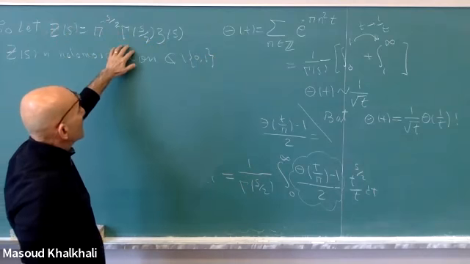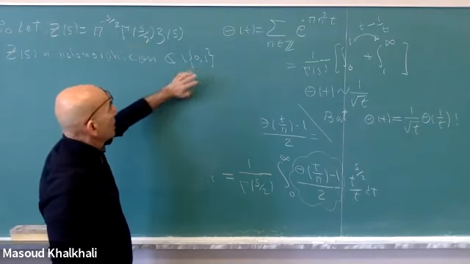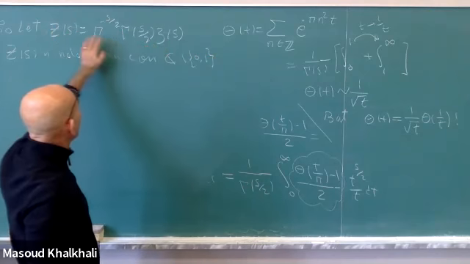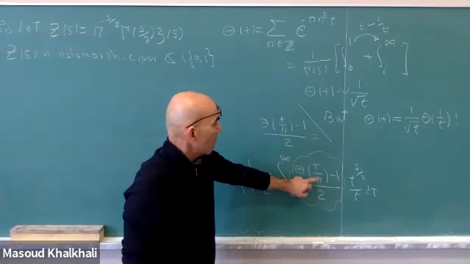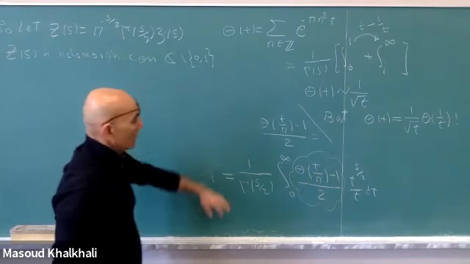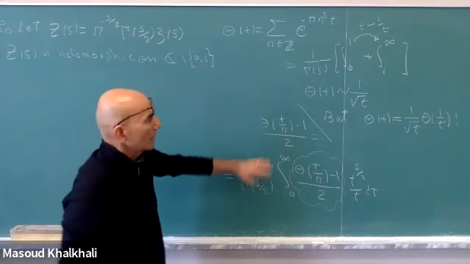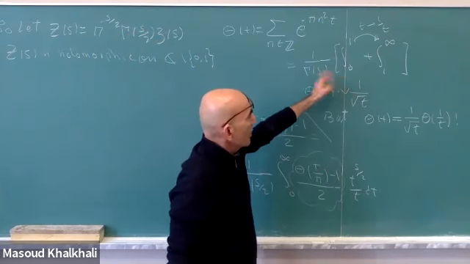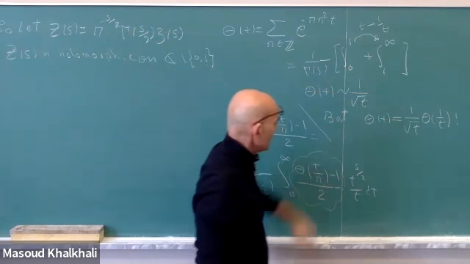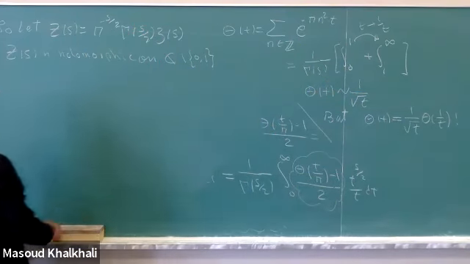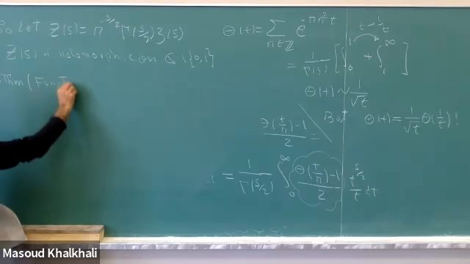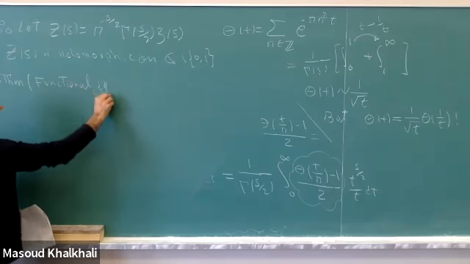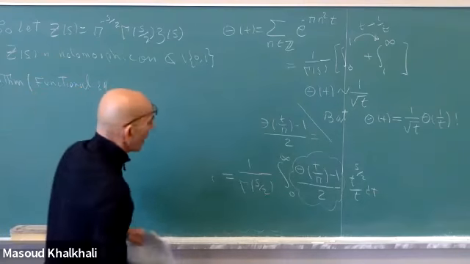So the only singularities of this function are at 0 and 1, and they are in fact simple poles. That's it. This is an easy transformation, but you have to be careful, and you did all this. So then we have this theorem, which is both a functional equation and, of course, analytic continuation obtained at the same time.